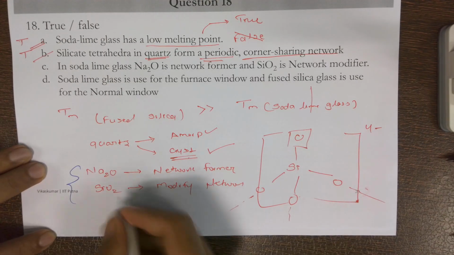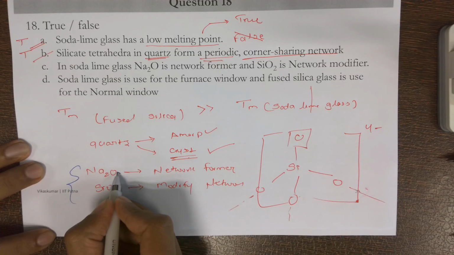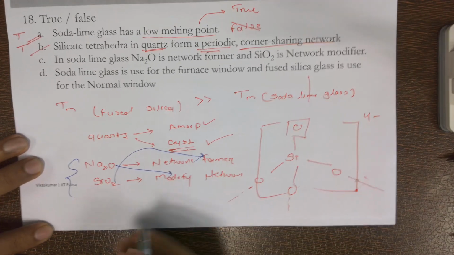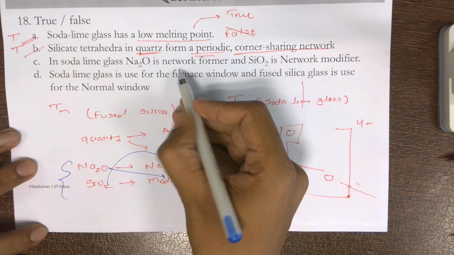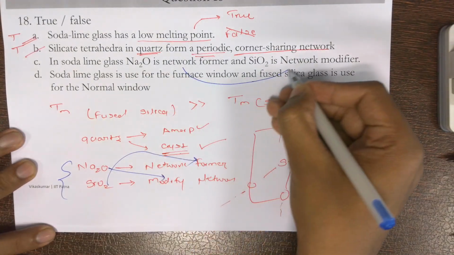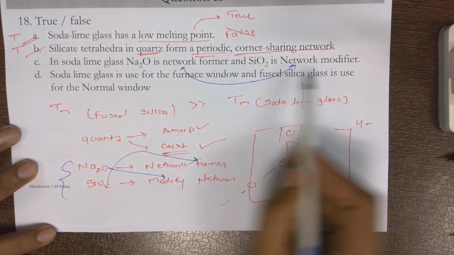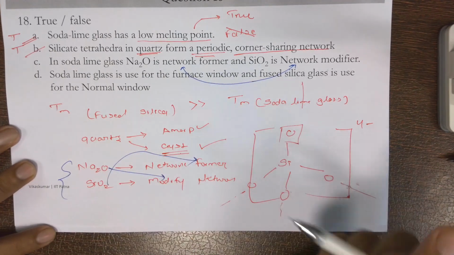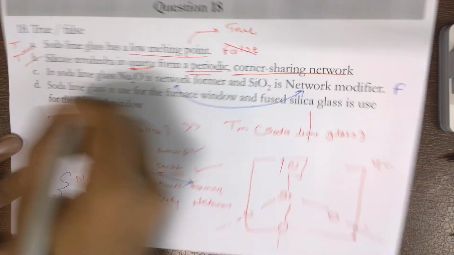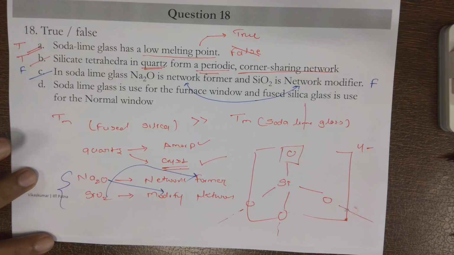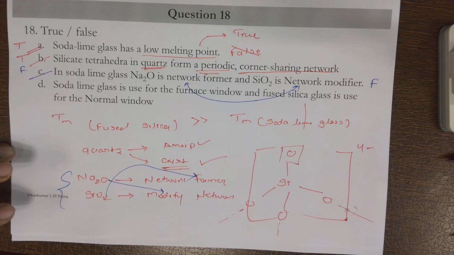This is not true. Na2O is the modifier, while the network is formed by the silica. If we exchange their positions, it will be true. Na2O is the modifier and SiO2 is the network. This is false.